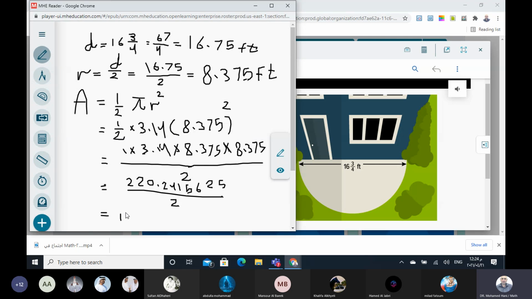So the final answer is 110.1207813. Rounding, this is the hundredths place, and the digit to its right is 0, which means keep the same digit. So the answer is 110.12 ft squared.